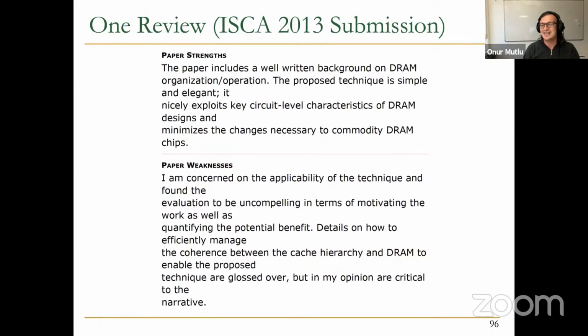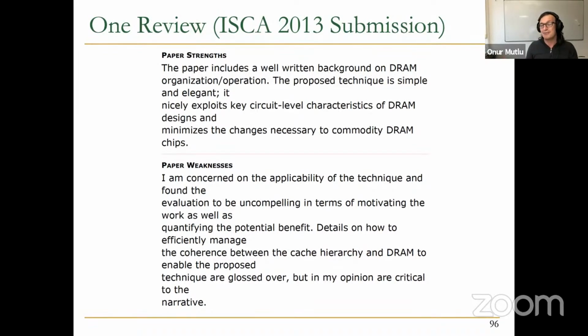If you think about works, there's a conceptual component of the work, there's a mechanism component, and there's an evaluation component. If the conceptual component is elegant, and the mechanism is elegant, and no one has done it, then maybe for the evaluation, you need to cut some slack, I will say, to enable scientific progress, because you can always keep rejecting works because of evaluation, as we've also seen in the Ambit paper.